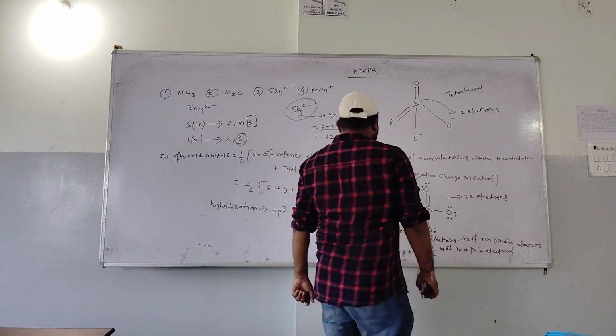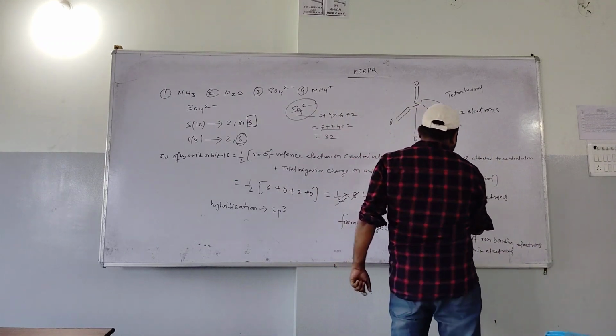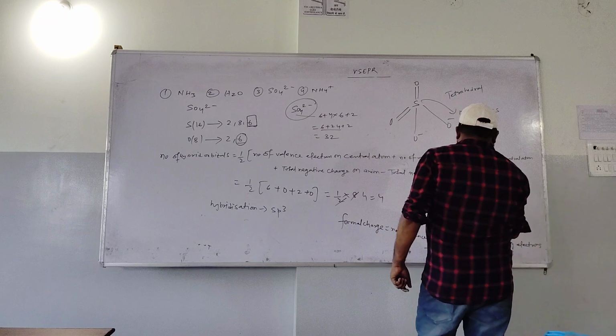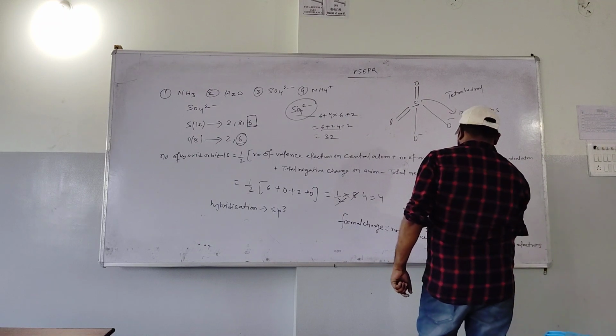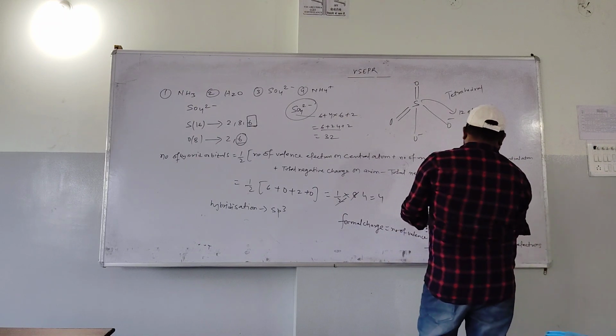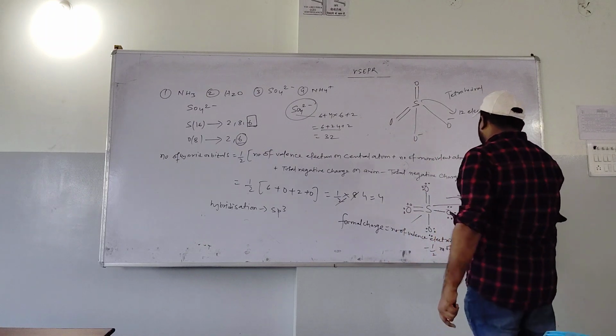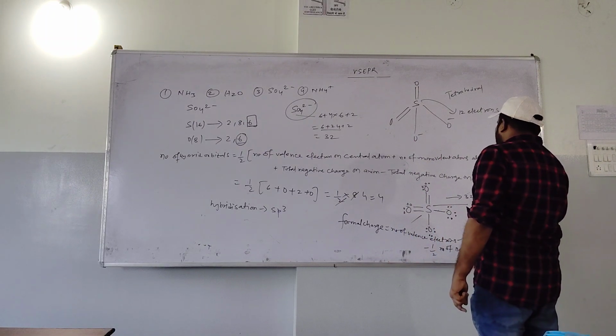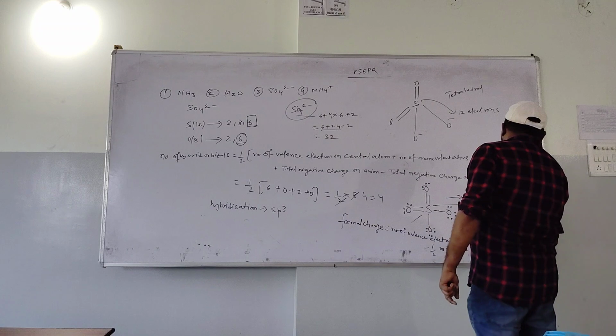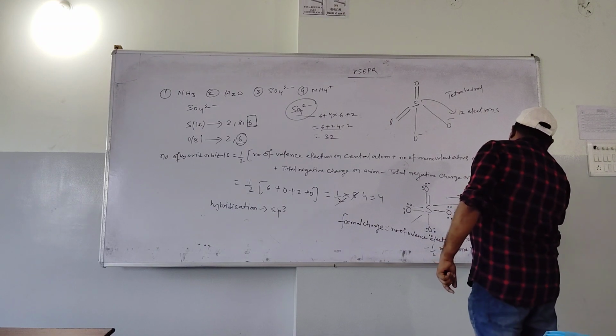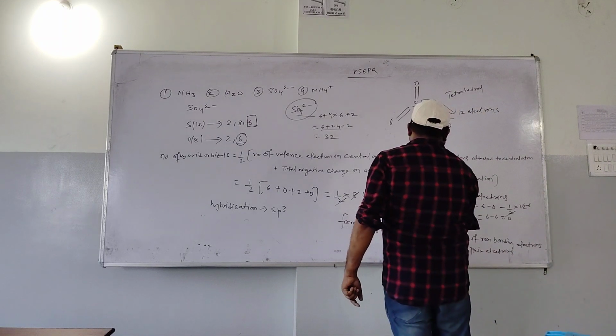Okay, so if you talk about the formal charge of sulfur, number of valence electrons is 6, number of non-bonding electrons is 0, number of bonding electrons is 12, so 1/2 multiplied by 12 is 6, 6 minus 6. So sulfur has formal charge equal to 0.